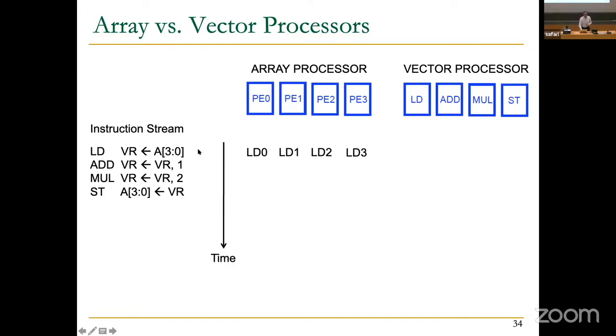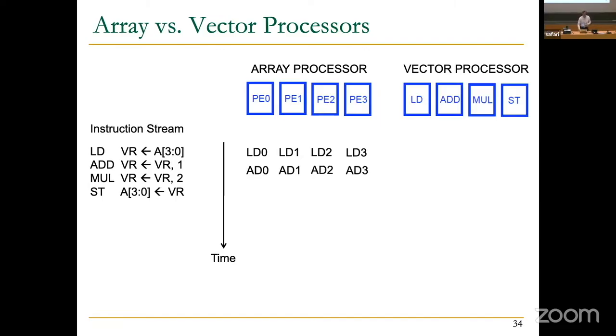Now, what does this mean? We're basically loading element 0 from memory into the vector register's 0th element in this processing element. Element 1 from memory into vector register element 1 in this processing element. And then element 2 here and element 3 here. Okay, concurrently. Now it looks beautiful. And we're done with the instruction because we have parallelism.